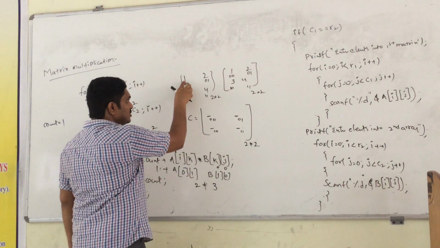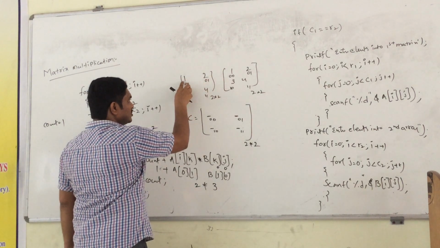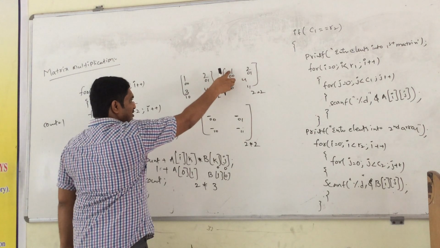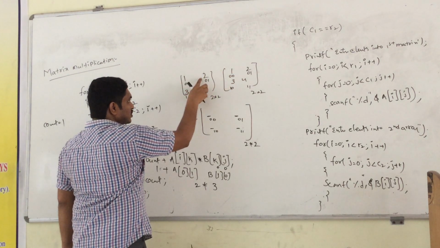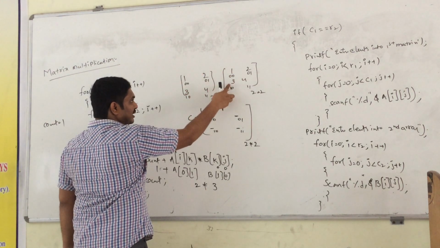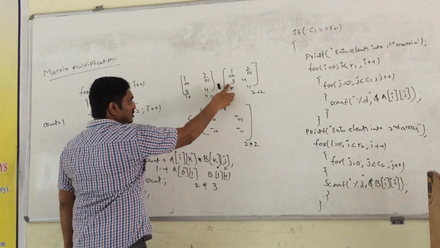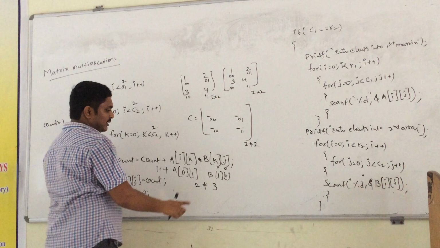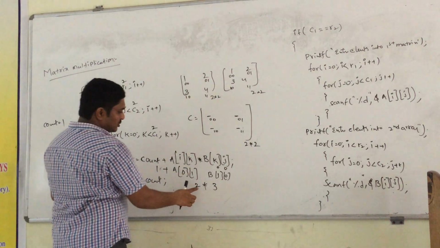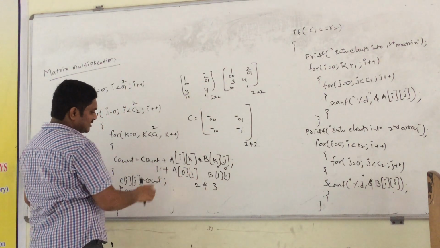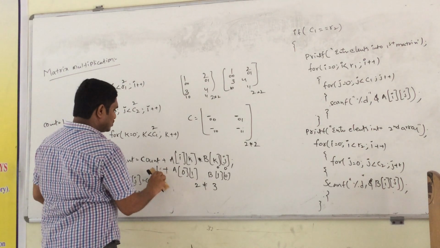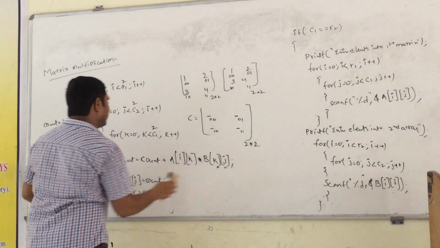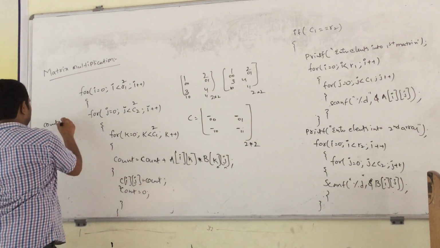Here the first row first element is multiplied with the first column first element, and the first row second element is multiplied with the first column second element. That means 2 into 3, so these two are added. 2 into 3 is 6. 6 plus 1 is 7. That 7 is stored in the count.